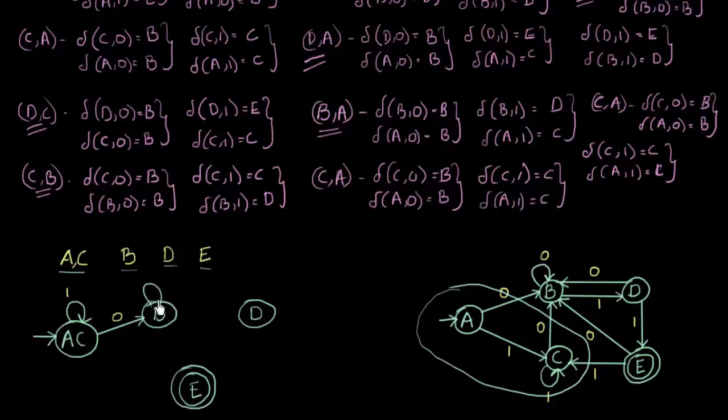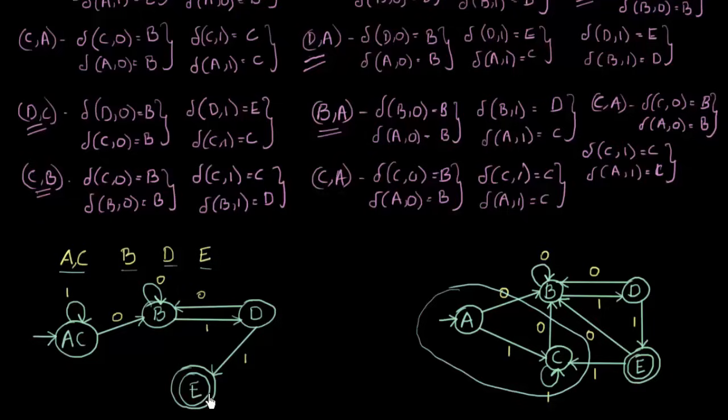B goes to B itself on getting input 0, and B goes to D on getting input 1. Okay, and D, where does it go? D goes to B on getting input 0, so we'll send D to B on getting input 0, and D goes to E on getting input 1. And what is left?